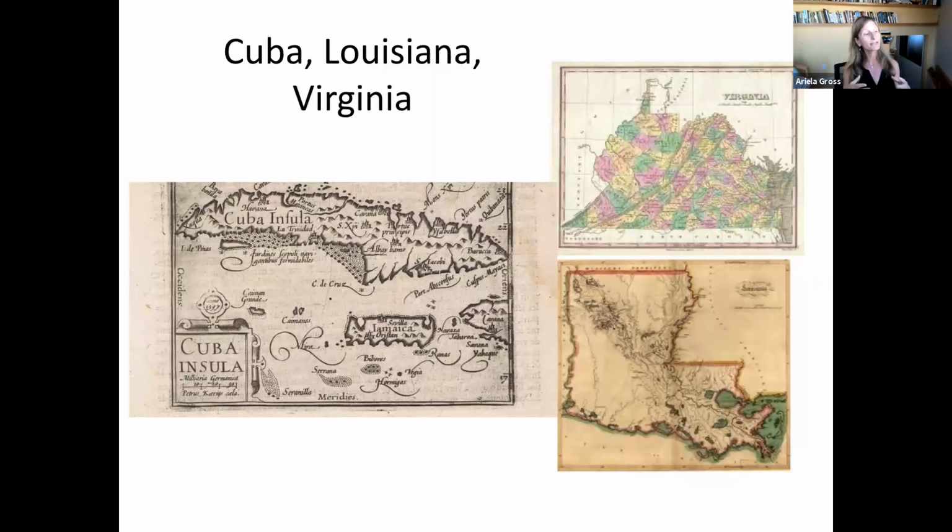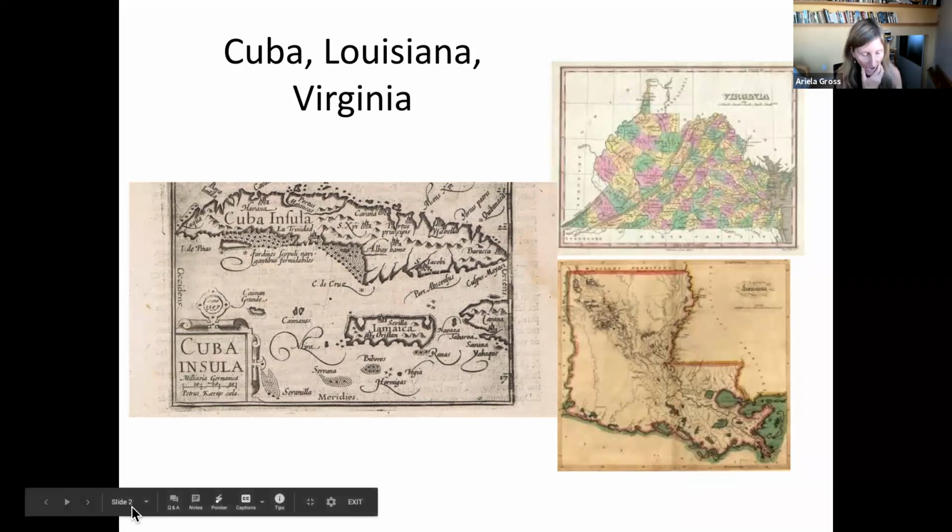We chose three places that have many connections that we try to draw out in the book, but all three become full plantation slave societies roughly contemporaneously, with rather similar economies, although each is settled at a different time. Cuba and Virginia are representative of Spanish and British colonies. Louisiana gave us the opportunity to study a hybrid society that began as a French colony, became Spanish, and ended up part of the United States.